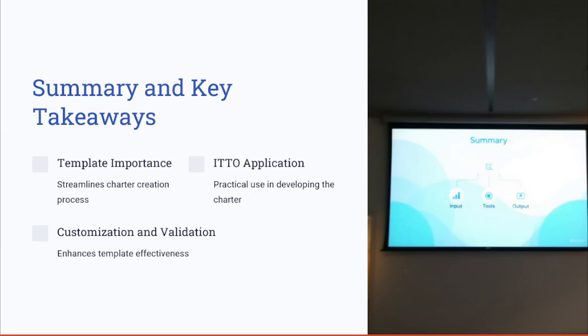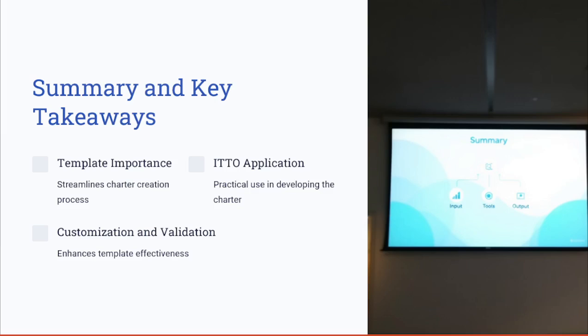To summarize our session, we discussed how to create the project charter template and the importance of using the template to streamline charter creation. Templates are considered one of the OPAs, or organizational process assets, which you need to follow. We might need to create one in case the organization does not follow these processes.